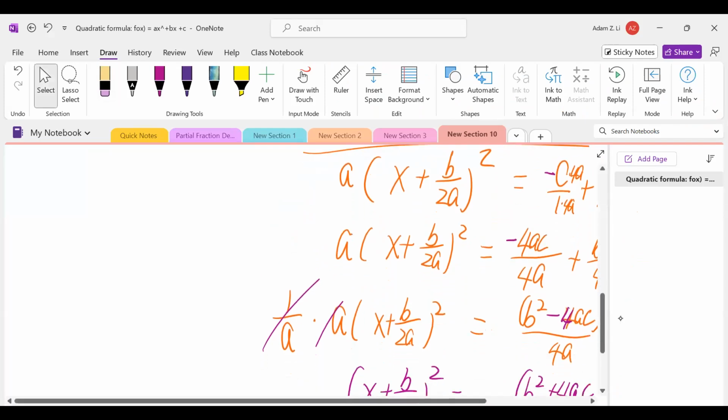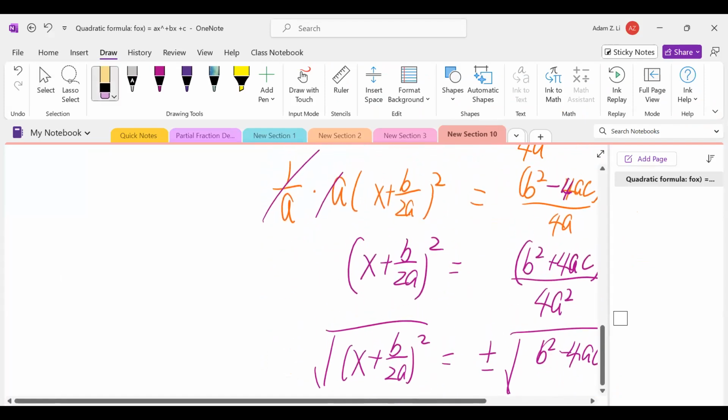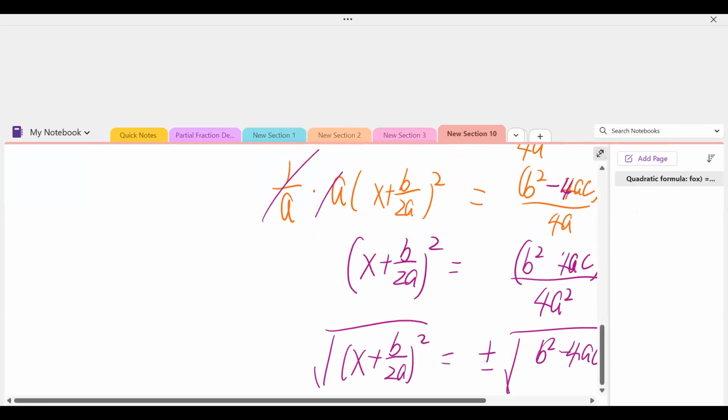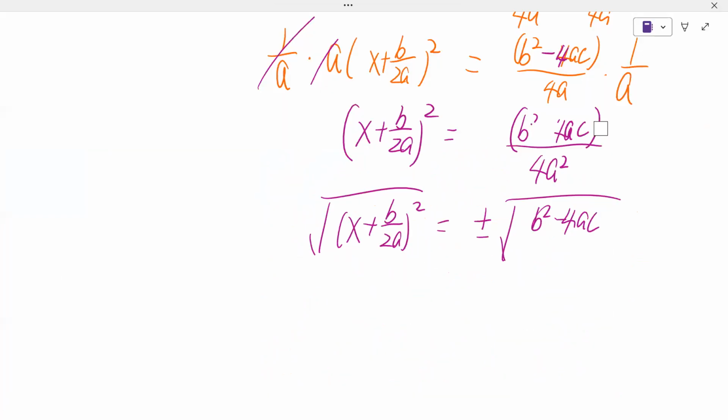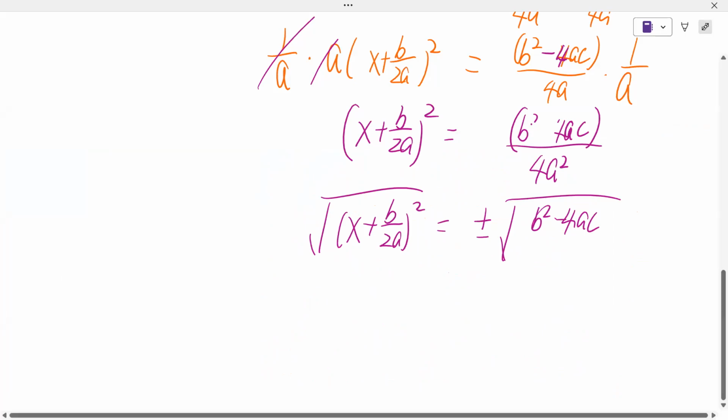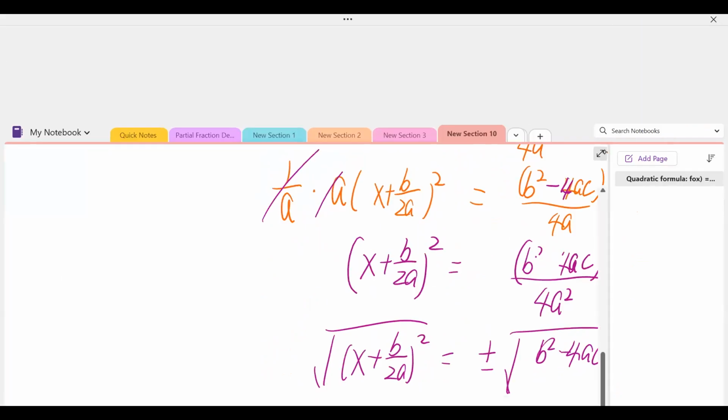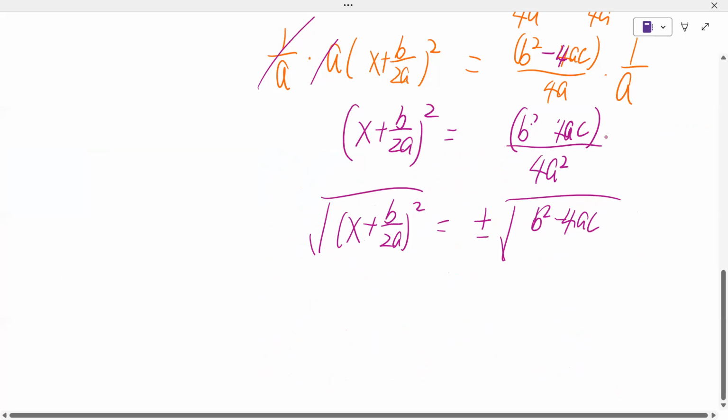So b squared minus 4ac is the top, and then over 4a squared.